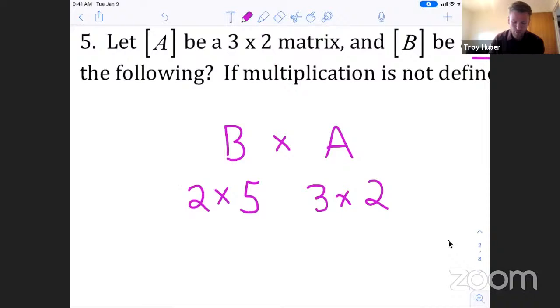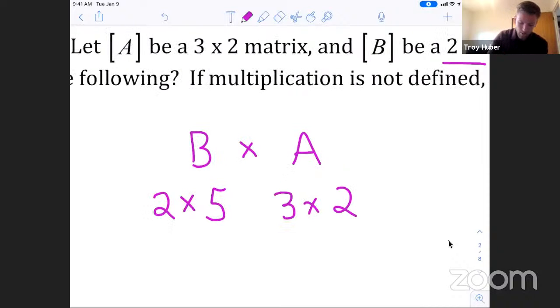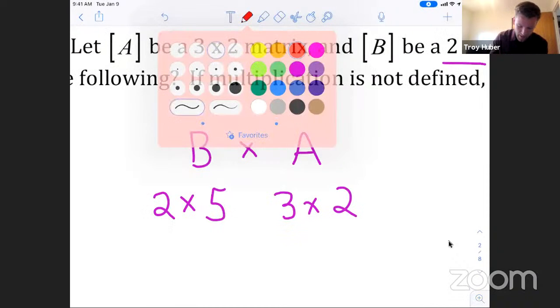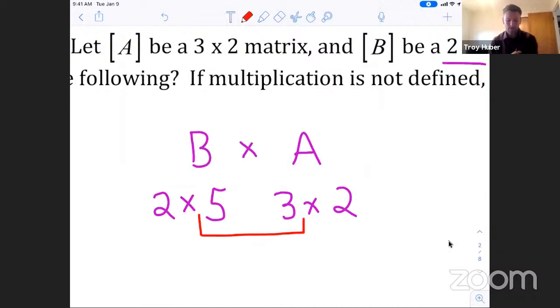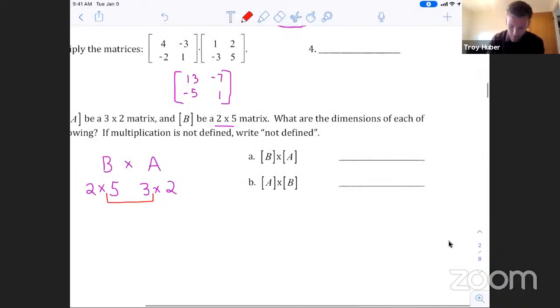Well, you have to look at their middle two. If they are not the same, you cannot multiply this. So notice one is a 5 and one is a 3. Therefore, we cannot do this. So I would just say not defined.